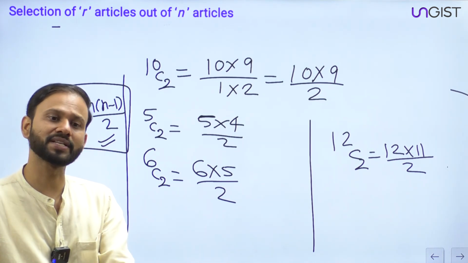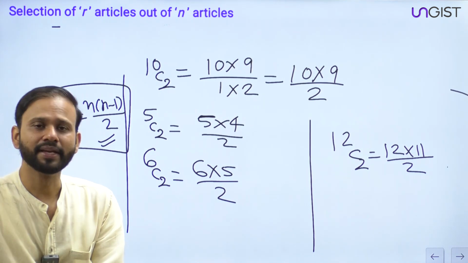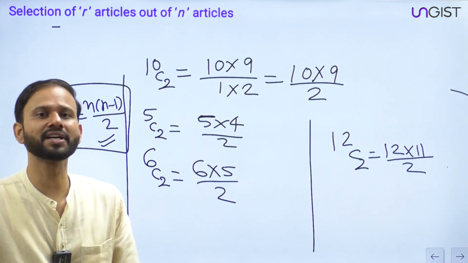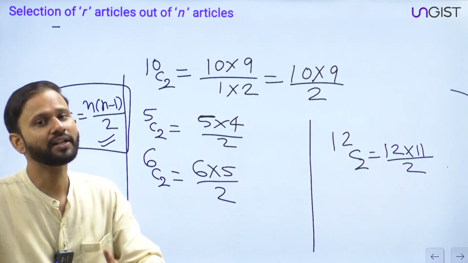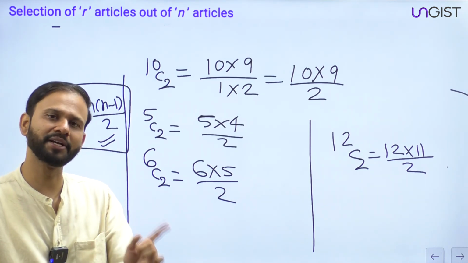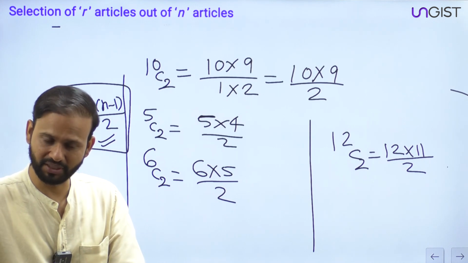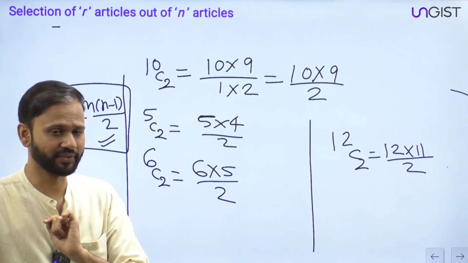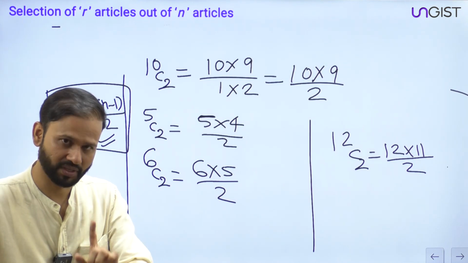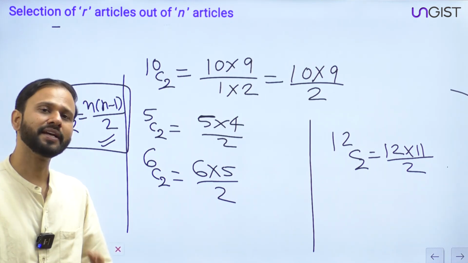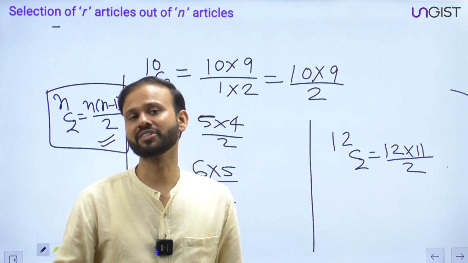The first case was the handshake problem. In the handshake problem, if N students are there in the class and each one shakes hands with one another exactly once, then the total number of handshakes is N into N minus 1 divided by 2. And in the round robin concept also, we have studied this.